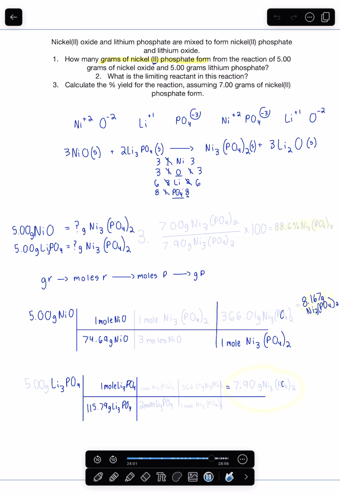Next, to get this into moles of the product, nickel phosphate, we are going to use the ratio that we can find in our equation. So in our equation, we have 3 moles of nickel oxide, and we only have 1 mole of nickel phosphate.